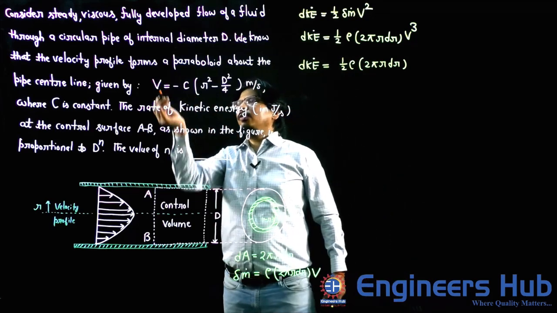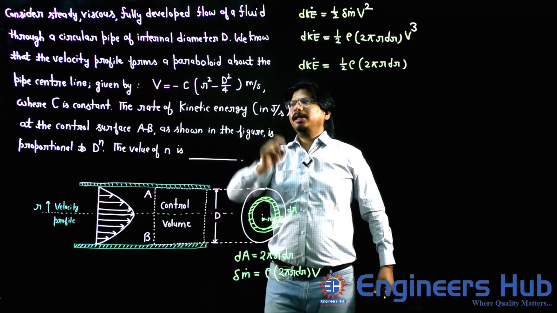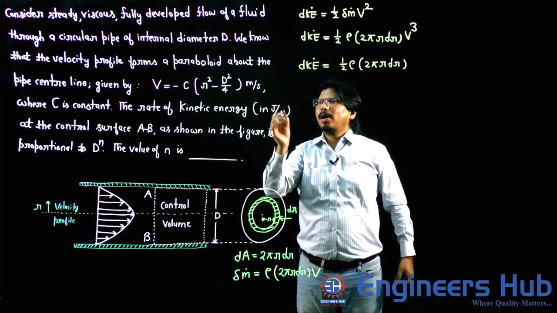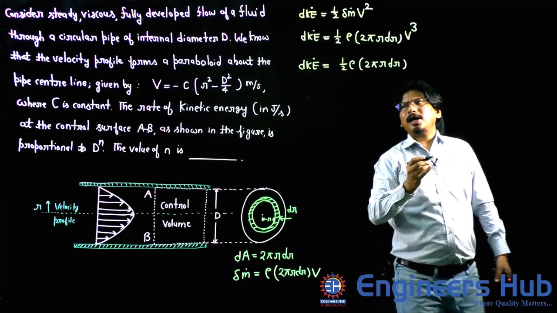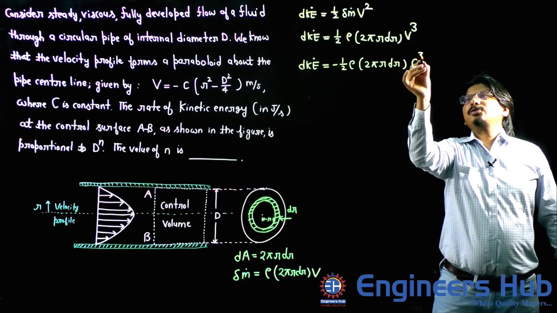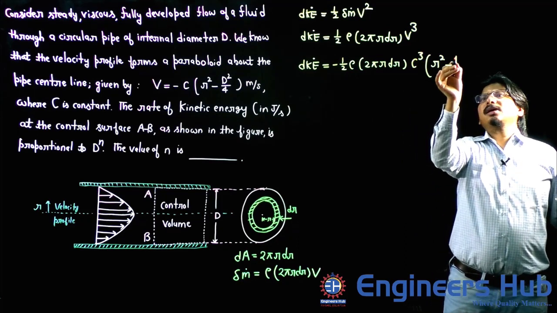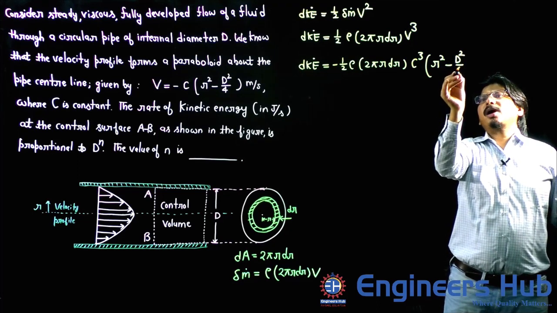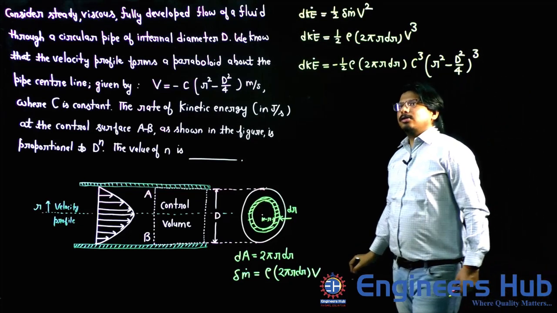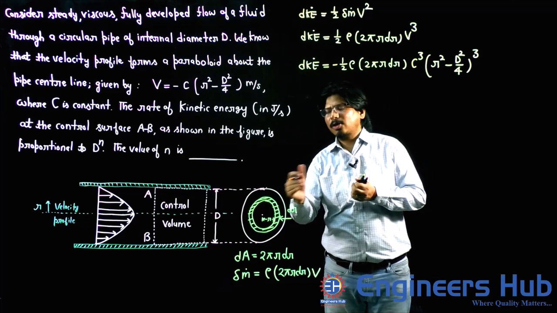So minus cubed will be minus, c cubed will be c cube, and I will be getting the cube of small r square minus capital D square by 4, whole cube. So I am writing here minus c cube into (small r square minus capital D square by 4) whole cube. So my friend, this is the small kinetic energy rate which is passing through this small strip.